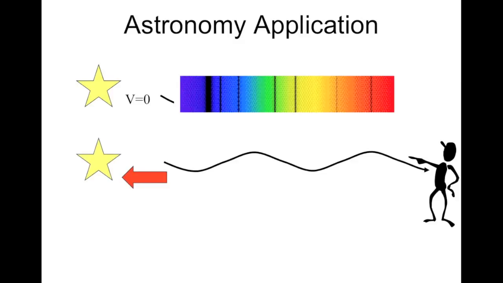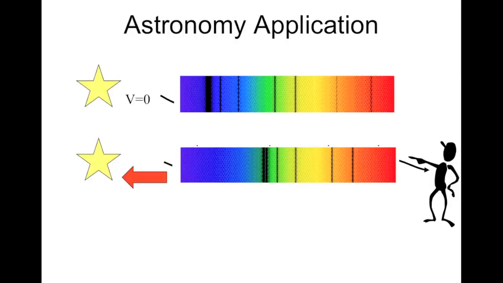If the star is moving away, then those absorption lines will actually be shifted to different wavelengths. Because the star is moving away, the wavelengths that the observer detects are going to be longer wavelengths. And so all of the absorption lines in this spectrum should be shifted to longer wavelengths, to redder wavelengths, and so they should be shifted to the right.